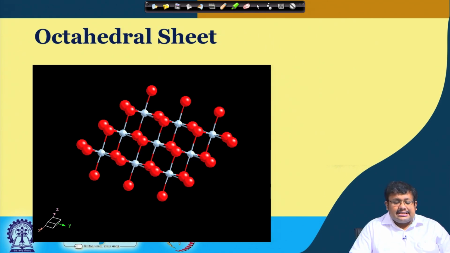Now, this tetrahedral sheet and octahedral sheet are the basic building blocks of any clay mineral structure, because most of the crystalline clay minerals are developed by a specific stacking arrangement of tetrahedral sheets and octahedral sheets in a single clay crystal.